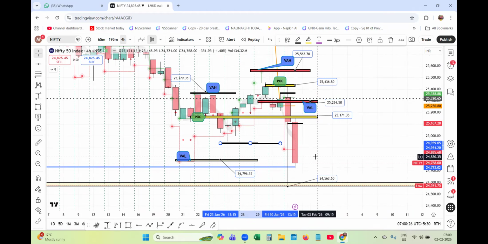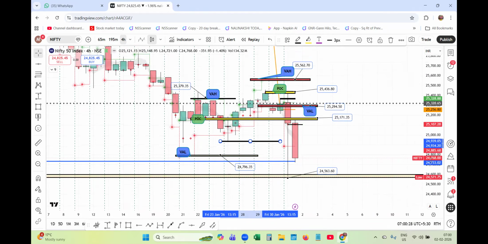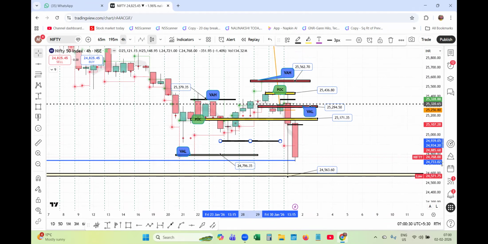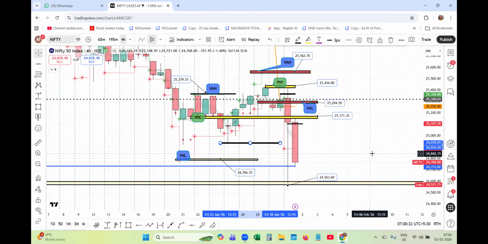This candle is an imbalance, and with my indicator, I'm showing you the position of the market. This is the value area low and value area high. This is the point of control, around 25,171.